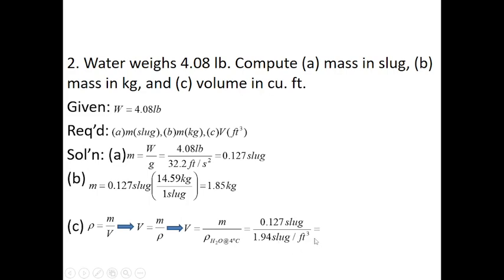Okay? So mass is slug, volume is cubic foot. So we will obtain an answer of 0.0655 cubic foot. Okay? So slug cancels, then what is left is cubic foot. So it will now be in the numerator, no?